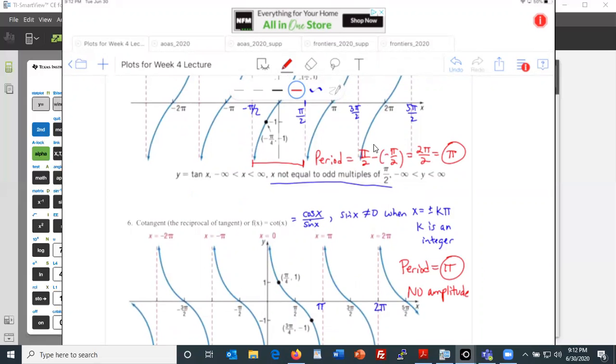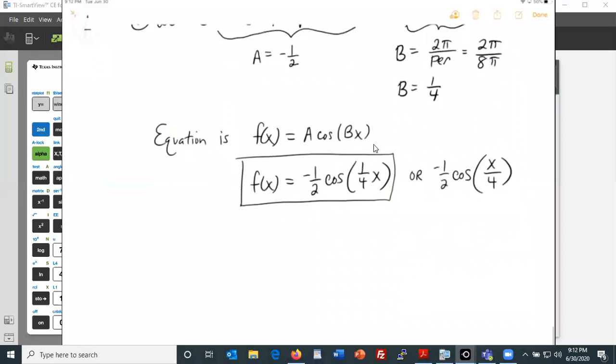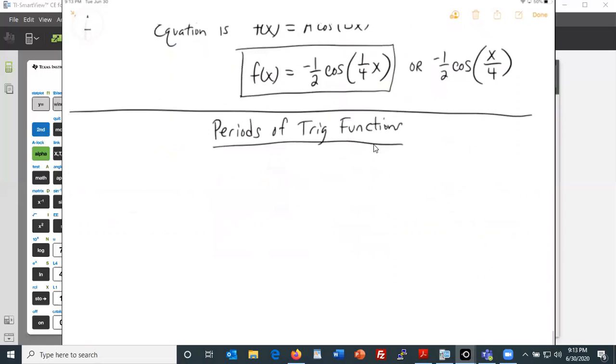All right, so to summarize, let me go back to my notes. So the periods of the trig functions. Remember, period is that horizontal length of one cycle or one frequency of the function itself.